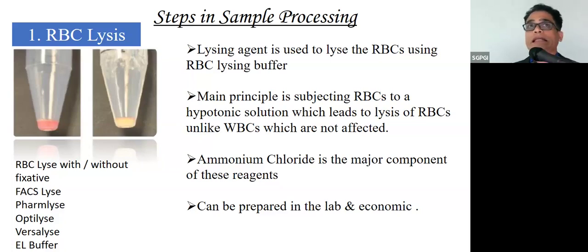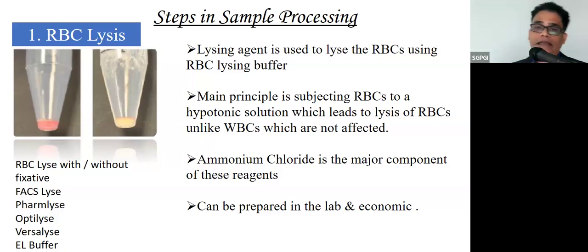If you are going for the stain-lyse-wash method, you can use both lysing reagents for your staining, because post-fixation staining can alter your results, even antigen expression, differently from assay to assay. In the list on the left-hand side, FACS Lyse has a fixative. Optilyse has a fixative. PharmLyse is ammonium chloride based, without fixative. Versalyse and EL buffer are also without fixative.